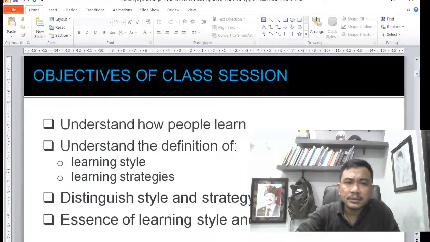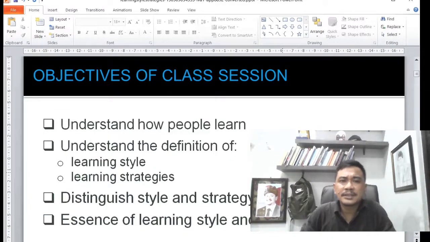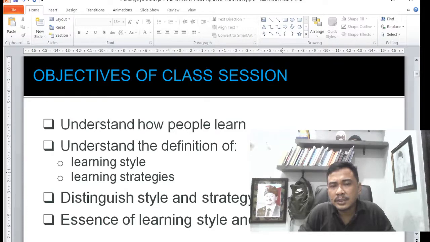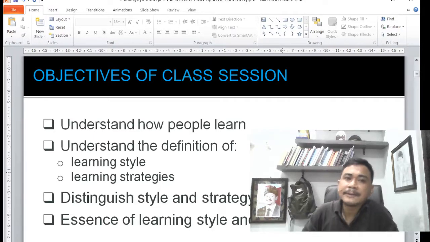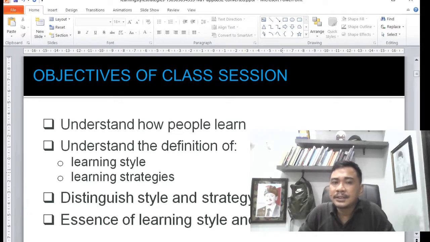When we have completed studying learning styles and strategies, you are expected to understand how people learn. People here can be referred to your students. Then, you are expected to understand the definition of learning style and learning strategies.